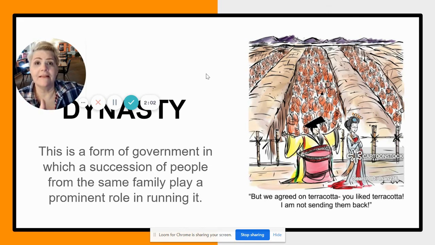That's that family that has complete control over Asia for that time period. And the only time that they lose power is if another family takes it over by force. Okay. So again, a dynasty is a line of succession of power from the same family.